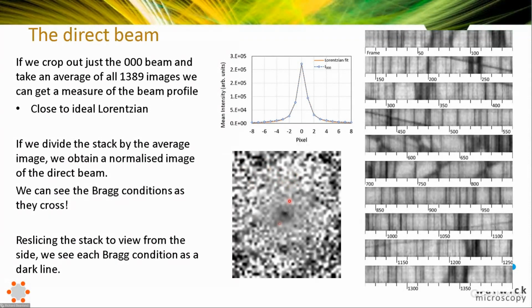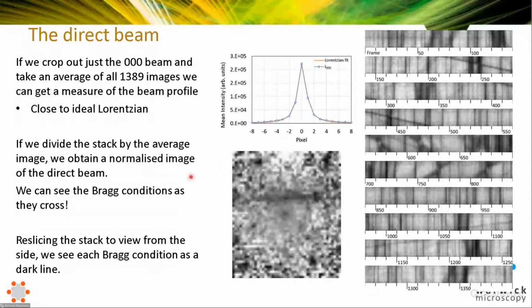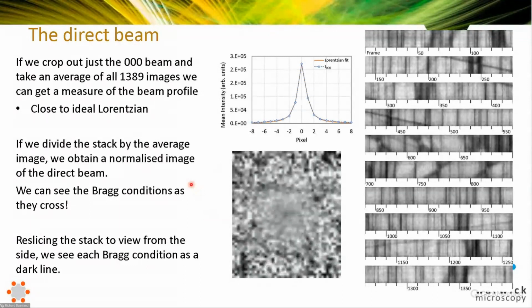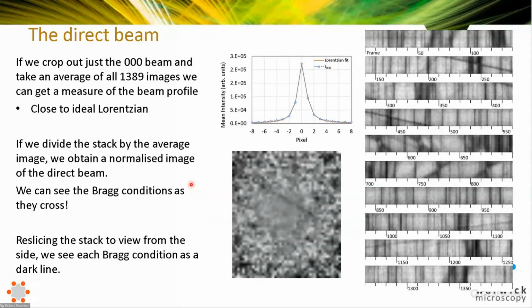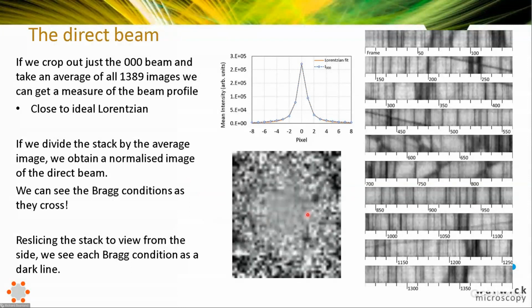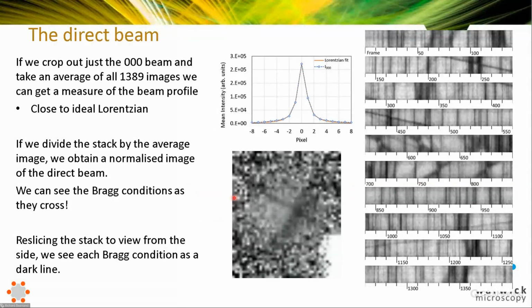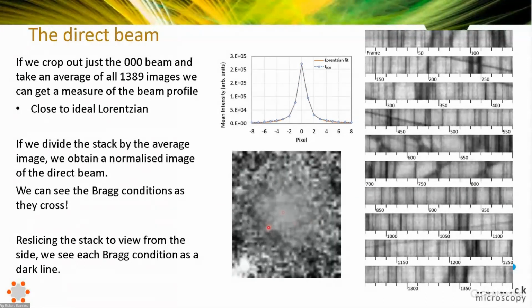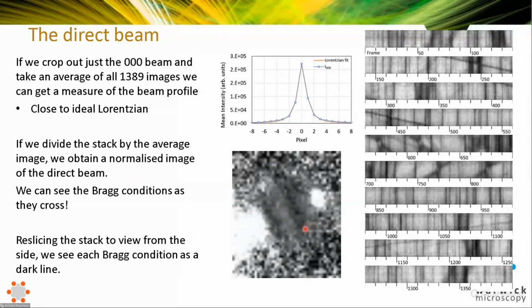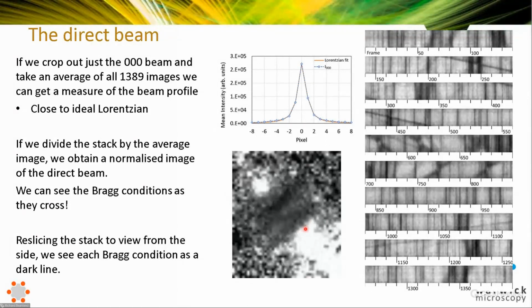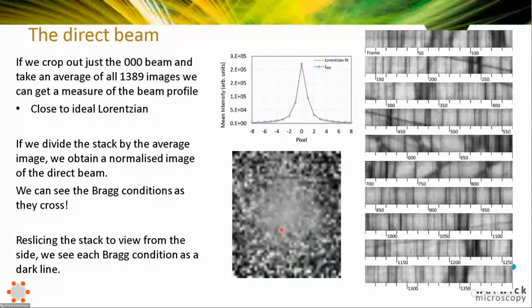So that makes it easier to see what's going on in here. This is the normalized direct beam. And what you can see here, of course, are these black lines going across. These are your diffraction conditions cutting through your direct beam, and they'll correspond to a bright spot somewhere else.